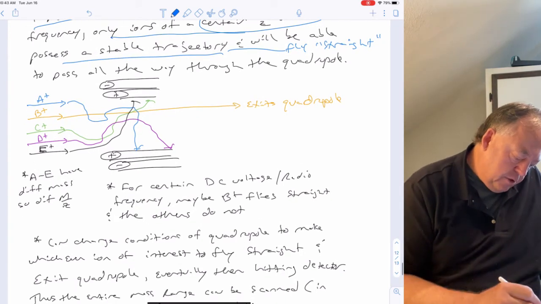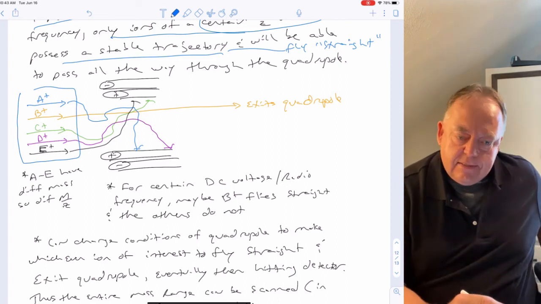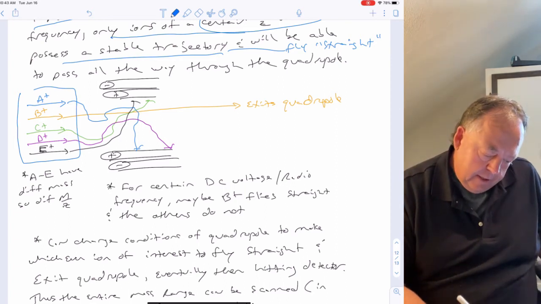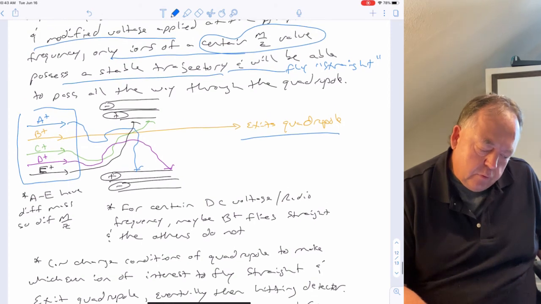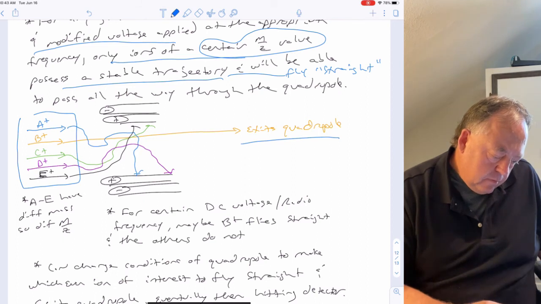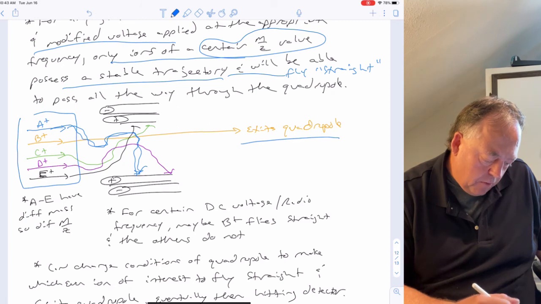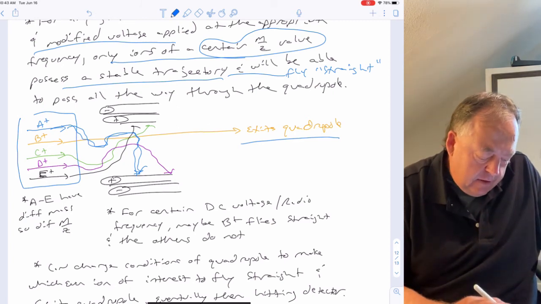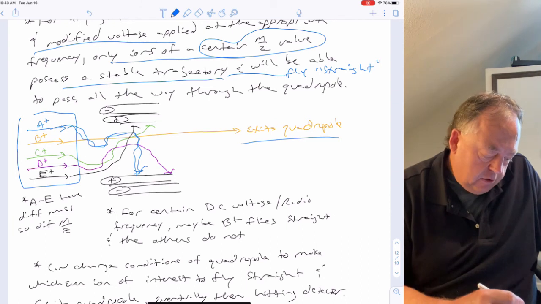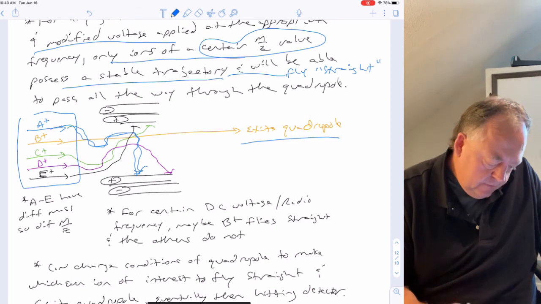So if we introduce 5 different ions, for example, which all have different masses, into the quadrupole, and let's say we have the current and the frequency set so that only B plus will fly straight, and the other ions will fly erratically. A, for example, is going to follow that path, C would follow the green path, D the purple path, and E the black path. Those are flying erratically, and only B is flying straight, so it's going to make its way through the quadrupole and go on to hit the detector.